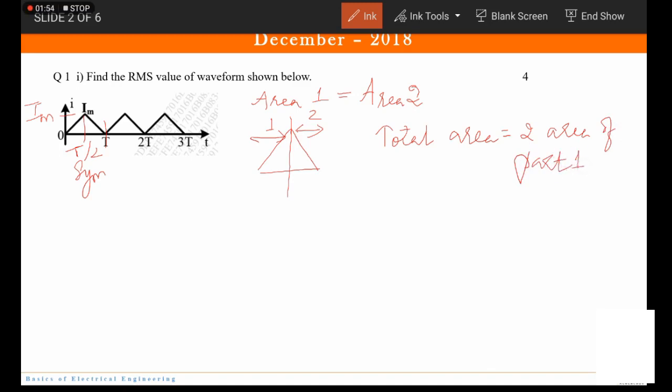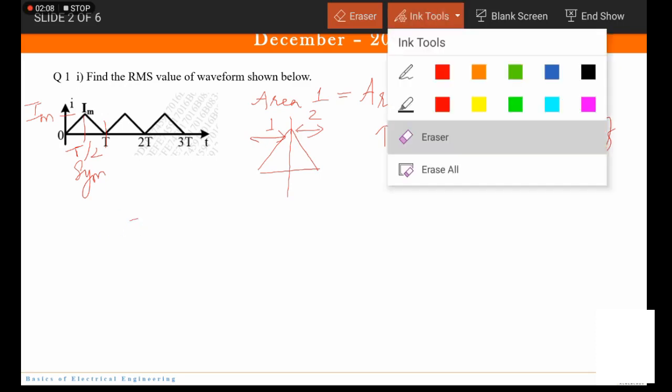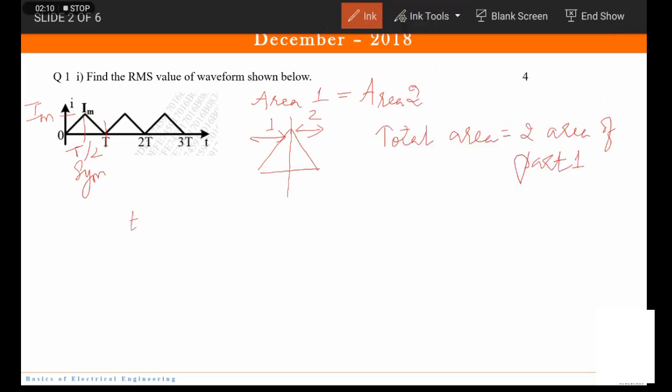Now let us understand how to write the equation for the current, because we want the equation for the current. Before that, let us specify the time period: t is greater than 0 and less than T by 2. Now what is going to be the slope? The slope is y by x.